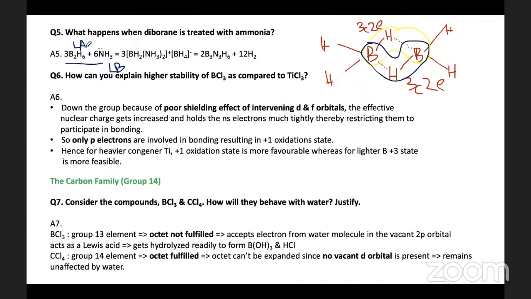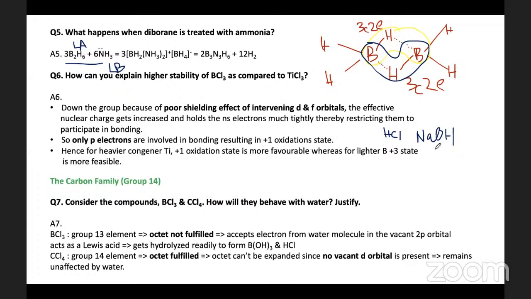LA is the Lewis acid and LB is the Lewis base. So this Lewis acid and Lewis base will react, like the Bronsted acid and Bronsted base react. Suppose you take HCl, that is a Bronsted acid, and you treat it with NaOH, that is a Bronsted base.